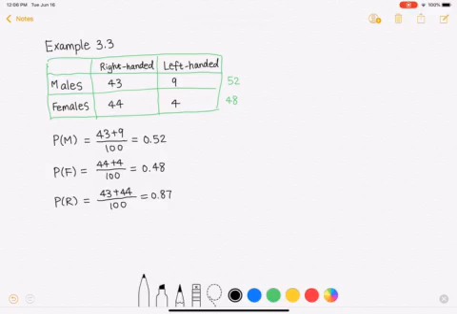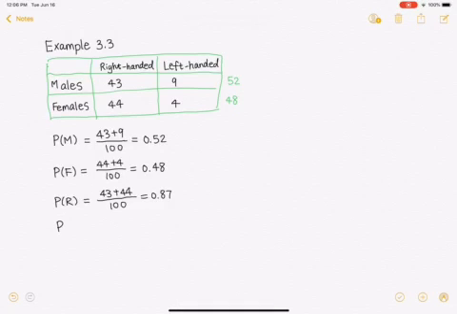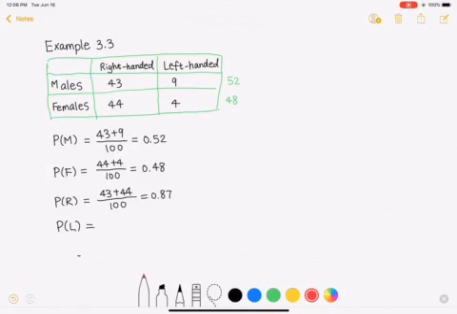Now, in order to find the probability of left-handed, there are two ways. Okay, you can add up the left-handed people. So in this case, we have 87 people who are right-handed, and 9 plus 4 is 13 people who are left-handed.